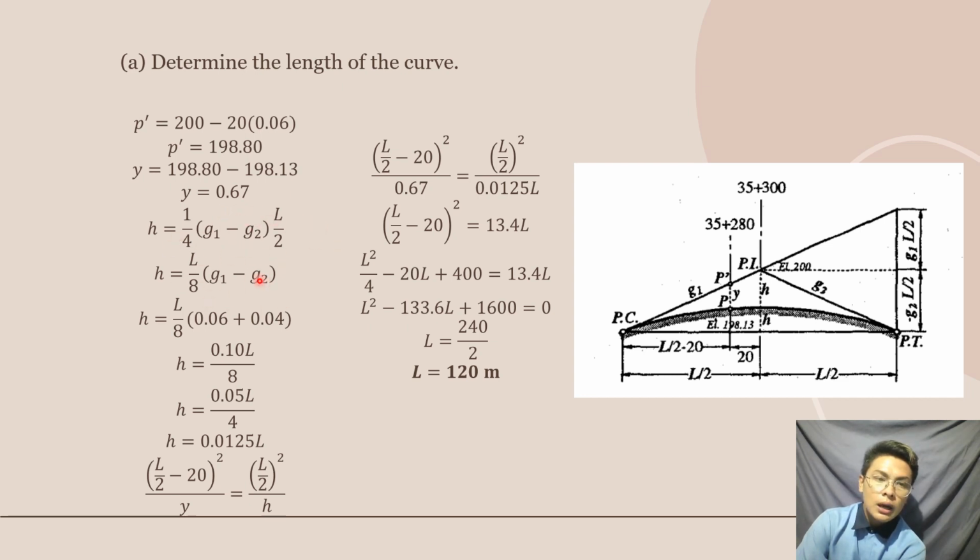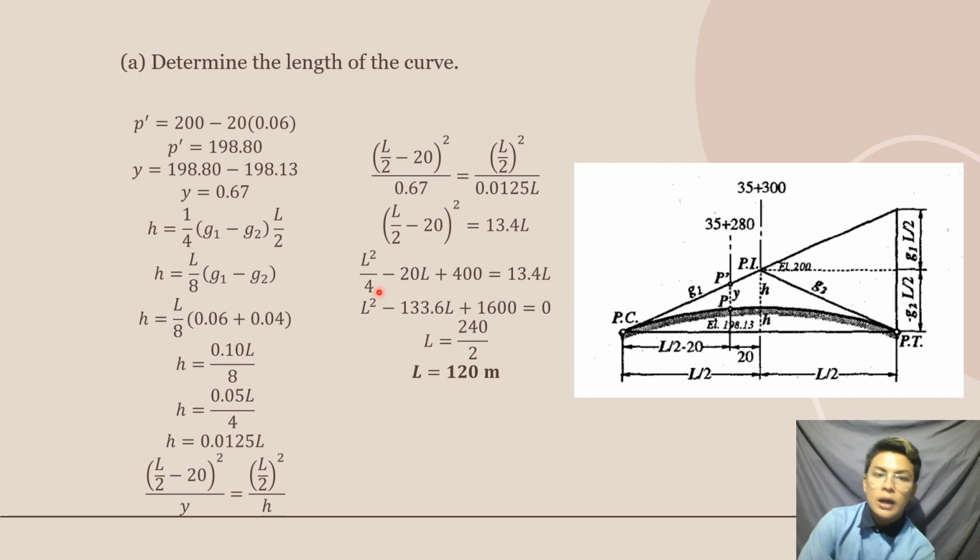Here we will get our H by using the formula H equals 1 over 4 times (G1 minus G2) times L over 2. So H is equal to (0.06 plus 0.04) L divided by 8, so we get H equal to 0.0125 L. By using the formula (L divided by 2 minus 20) squared divided by Y equals (L divided by 2) squared divided by H, we substitute values.